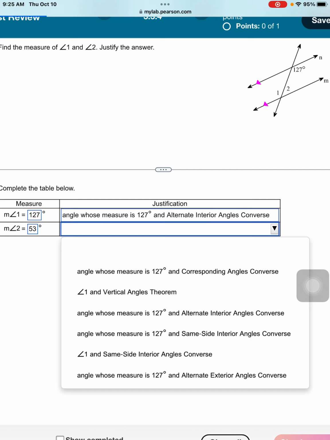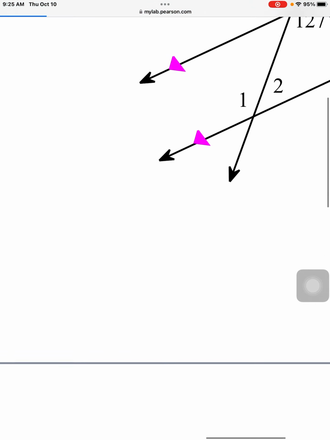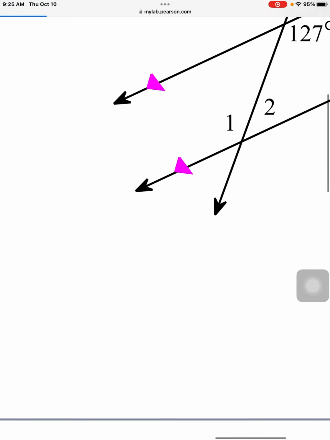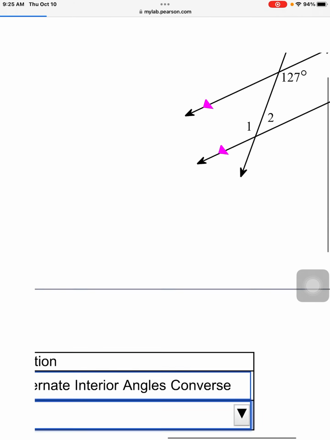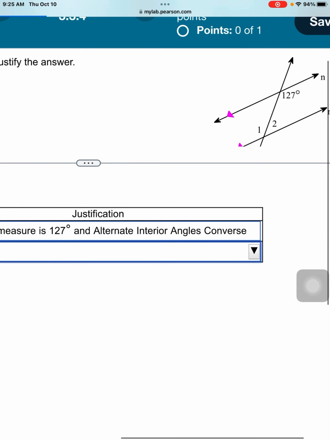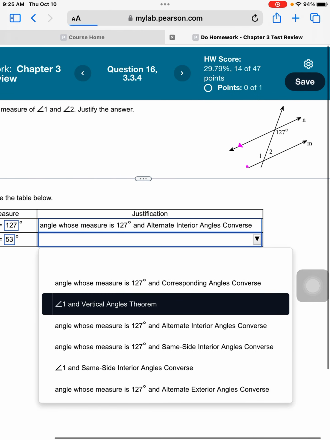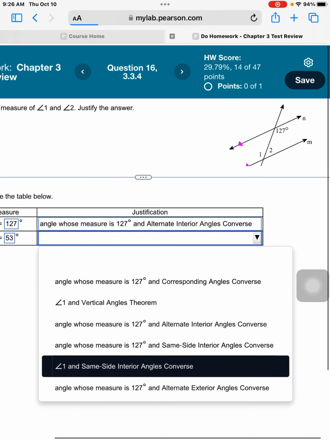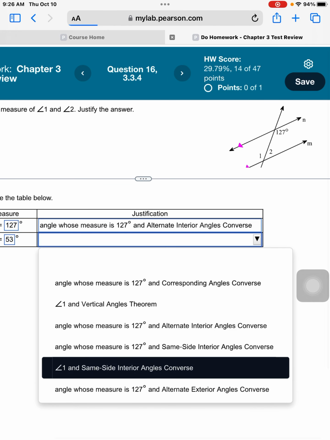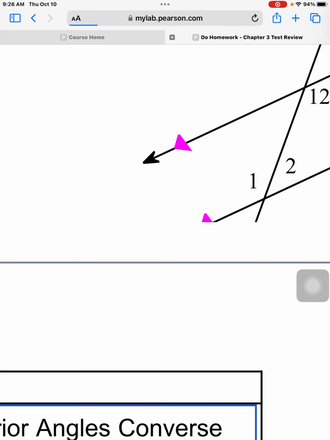Okay, so let's look at the measure of angle 1. Remember how we talked about how the measure of angle 1 needs to be measure of angle 1 and the linear pair theorem. That's the only way it could work. So let's see if we have that as an option. Measure of angle 1 and vertical angles theorem? No. Measure of angle 1 and same side interior angles? No. So that means our answer is not going to be from the perspective of the measure of angle 1.